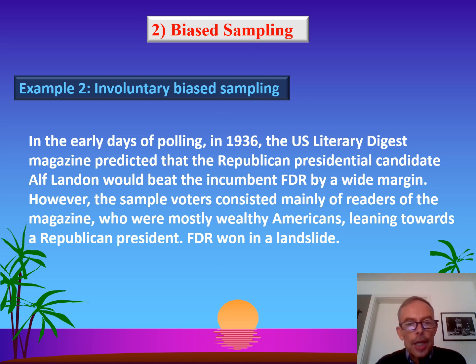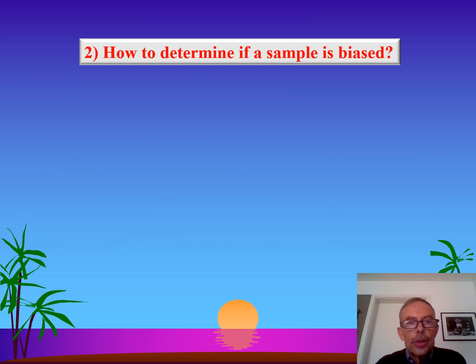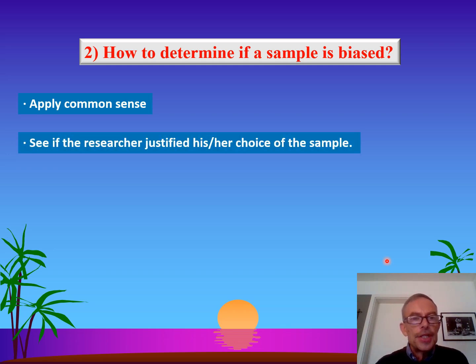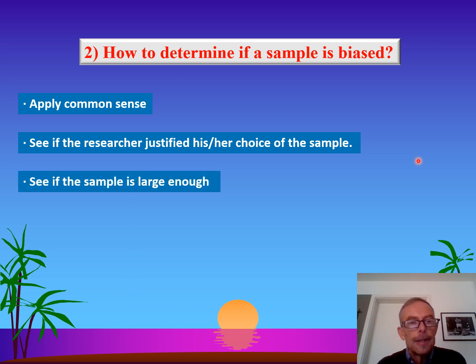Okay. How to determine if a sample is biased? Apply common sense. So again, if we sample at the annual biker rally, that is not a representative sample for the US population. See if the researcher justified his choice of the sample, and if he has, that adds credibility to the study.